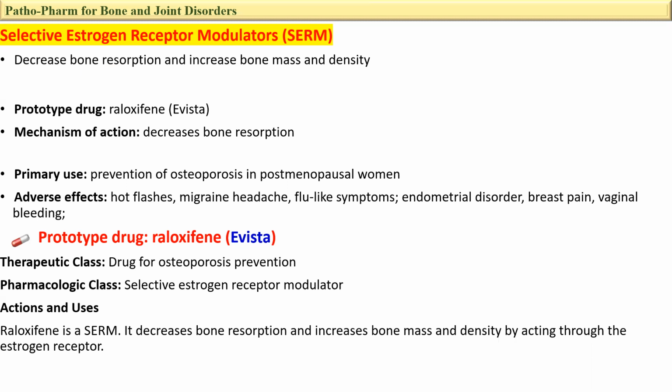So it has been proven to be effective to prevent fractures involving the spinal vertebrae, but this drug has not proven to be effective to treat fractures at the non-vertebral sites.